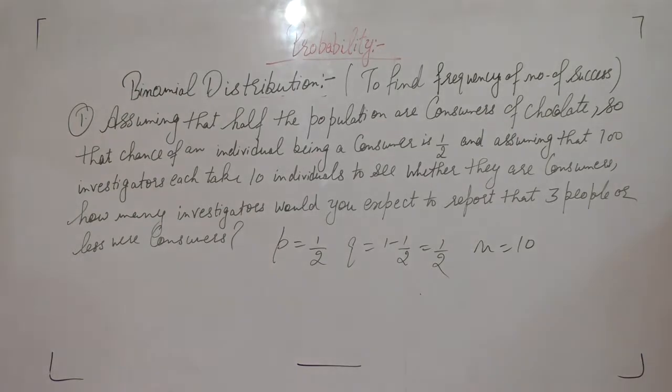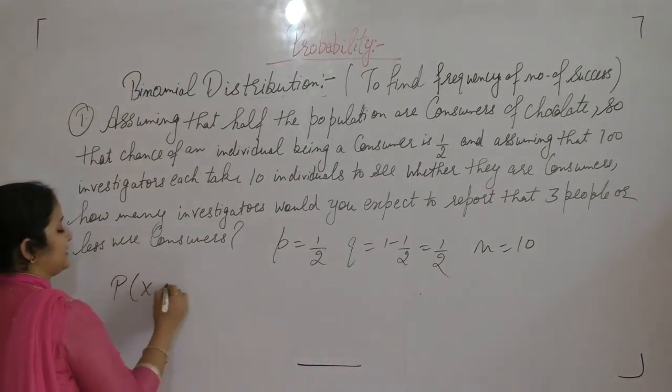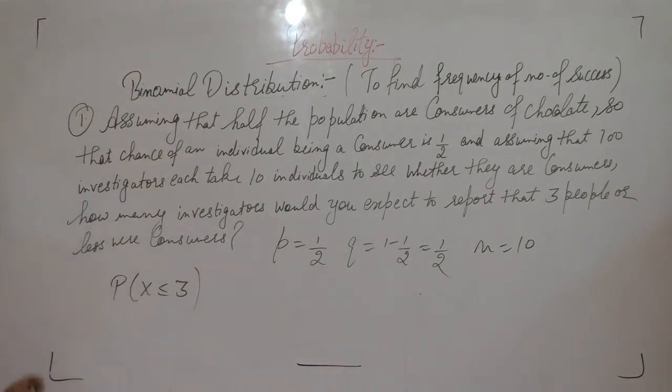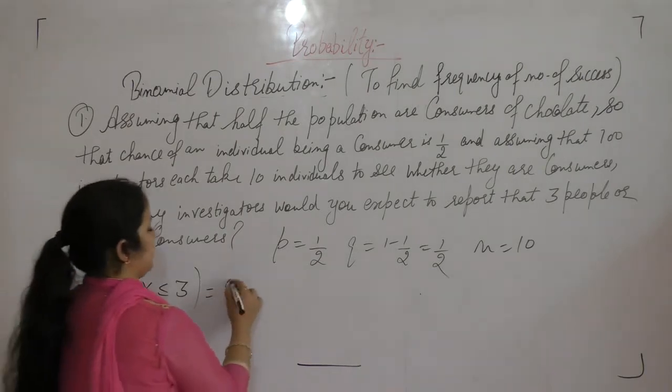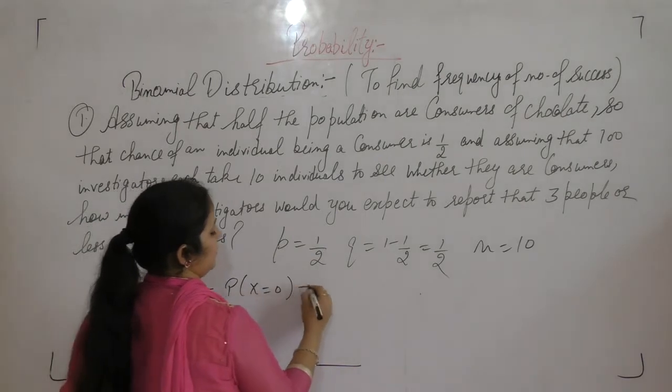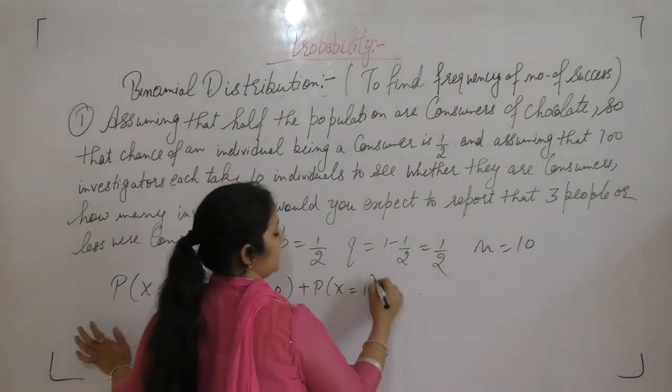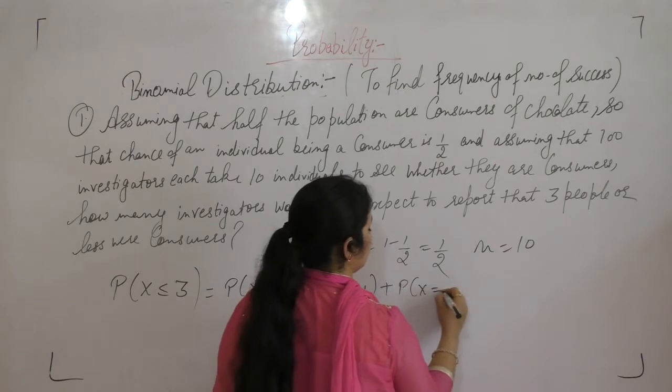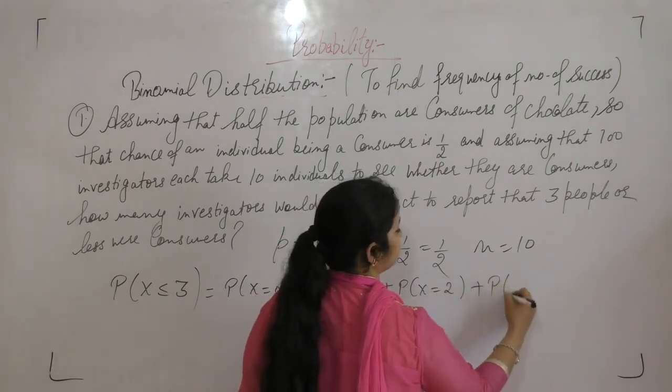So probability x less than or equal to 3 is equal to probability at x0, x1, x2 and x3.